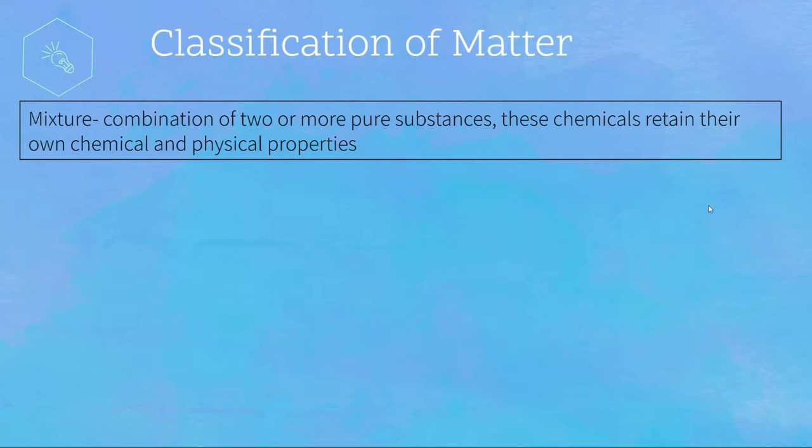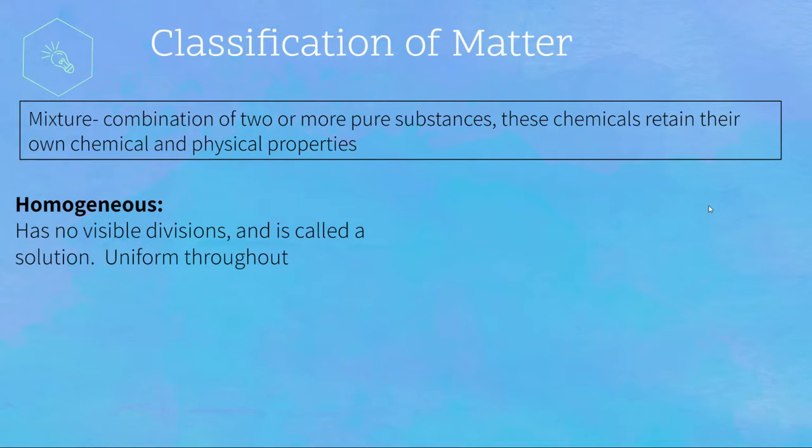This is because they retain their own chemical and physical properties, meaning water will remain as water and salt will remain as salt. If I mix the two together, I make salt water, but if I was to look at it at the molecular level and be able to see all the different particles, I would see water particles and salt particles. They're still their own chemical structures.